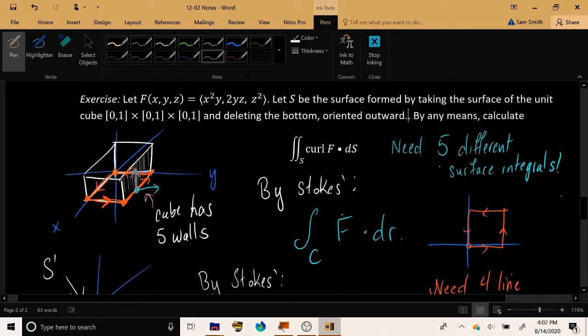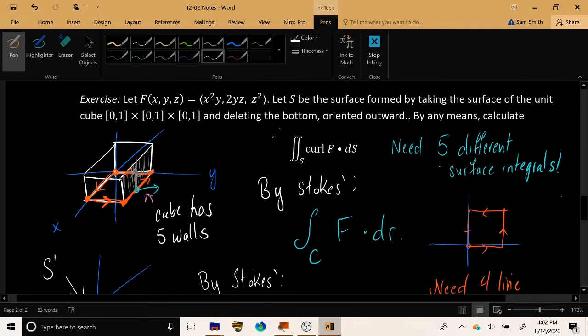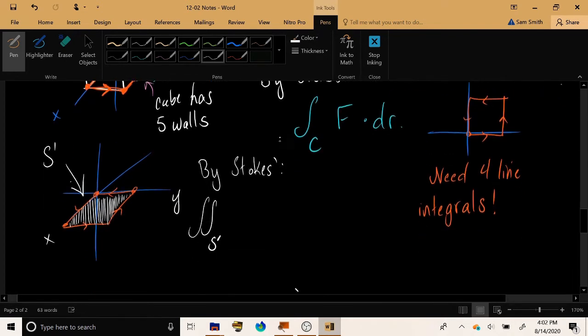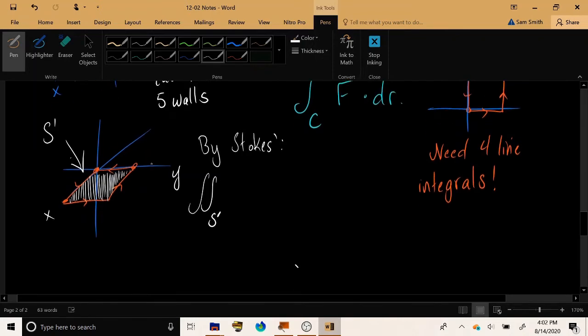So by using Stokes twice, we were able to take a terrible surface integral and turn it into a slightly less terrible line integral. And then by using Stokes' theorem a second time, we were able to turn that slightly less terrible line integral into a surface integral that's now not so bad.